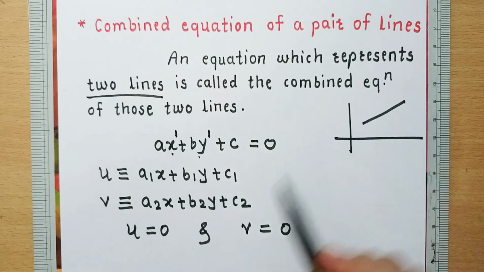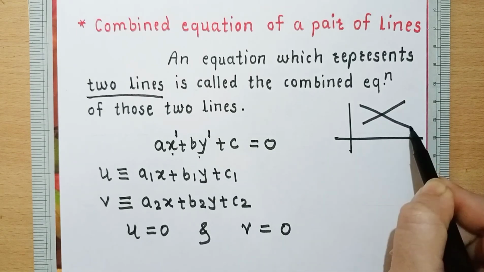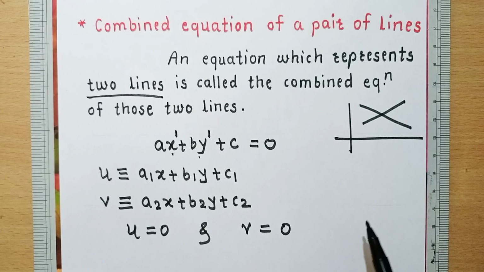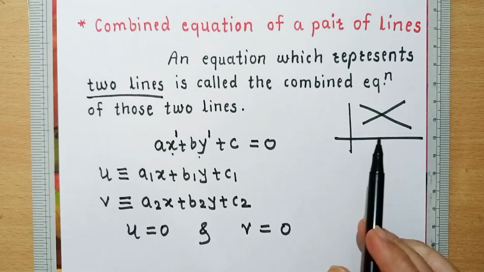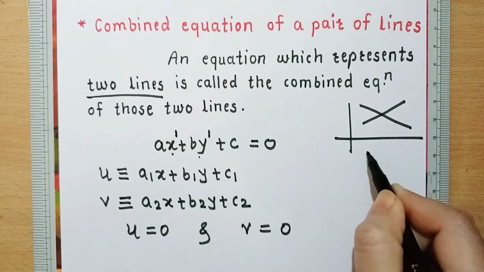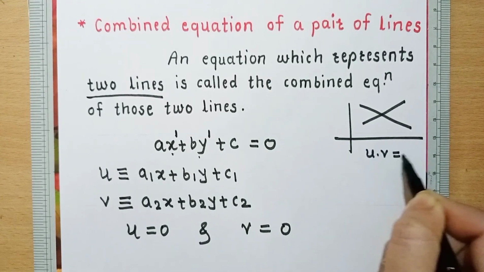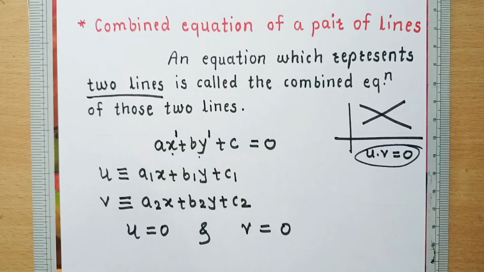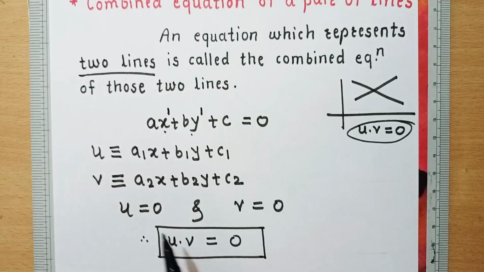This is the first line, this is the second line, and when we consider these two lines together, it is called the combined equation of this pair of lines, and this is given by u dot v equal to 0. Therefore the combined equation of these two lines is u dot v equal to 0.